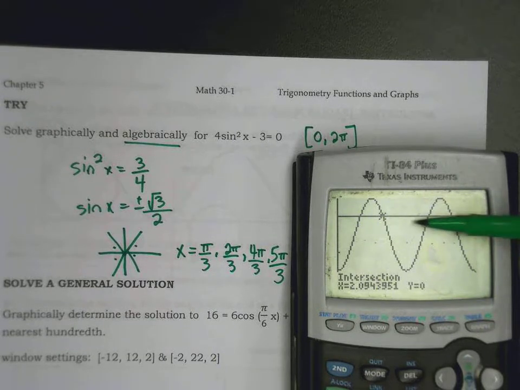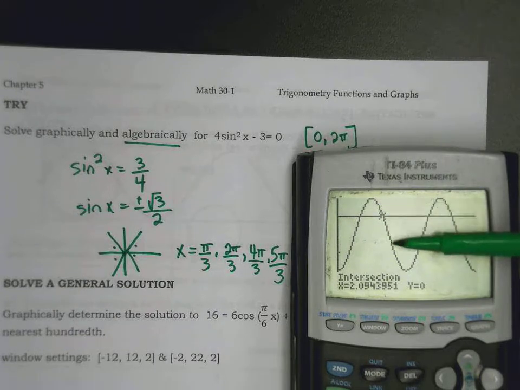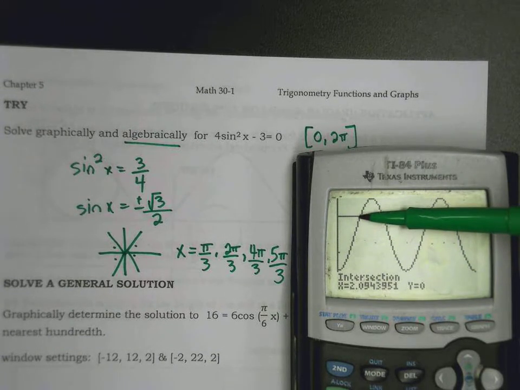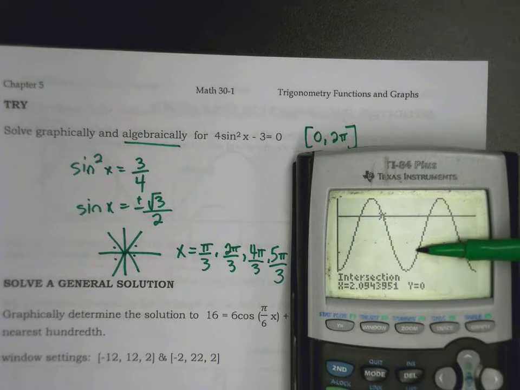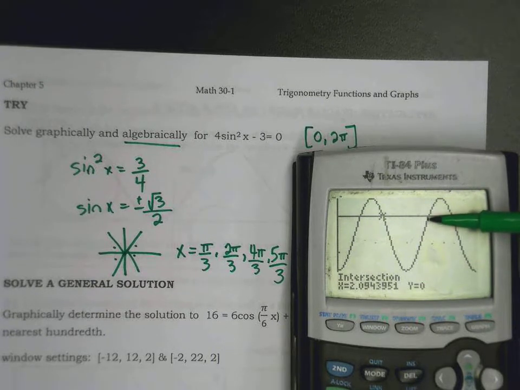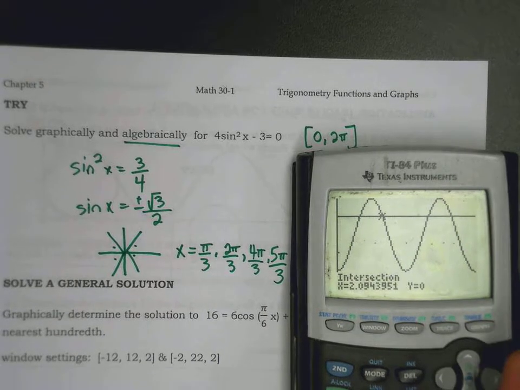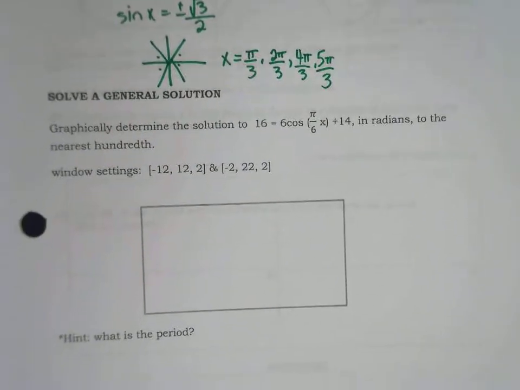So I could say that from pi over 3, add a 2 pi, add a period, and you get to another answer. Add a period, you get another answer. From this one, add a period, you get an answer. So each of these two results, you could add a period to and get to more answers. And this is what we're going to approach next.